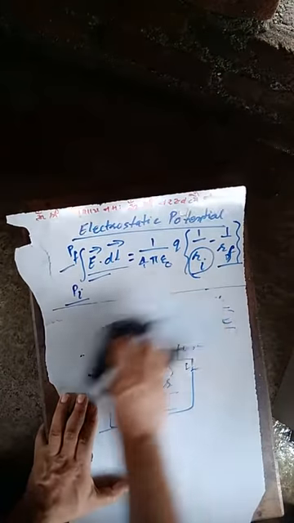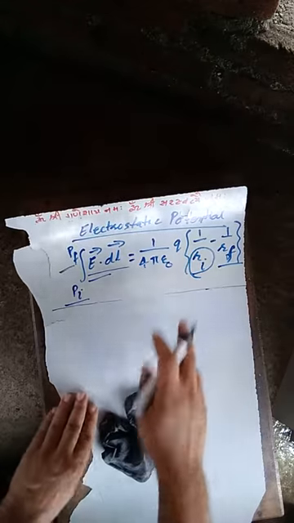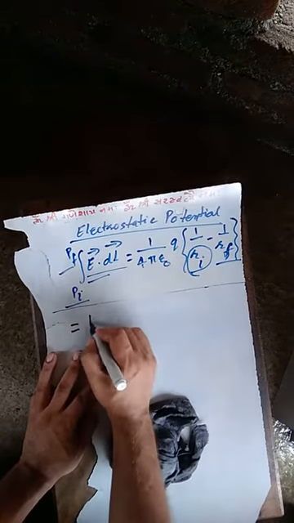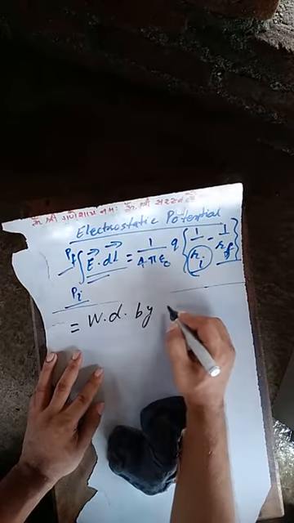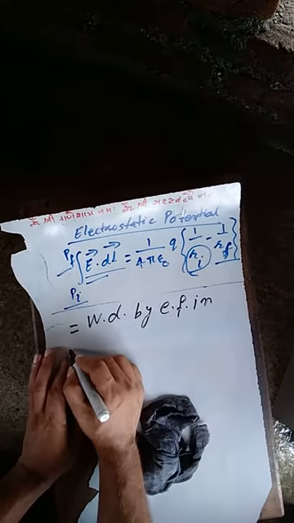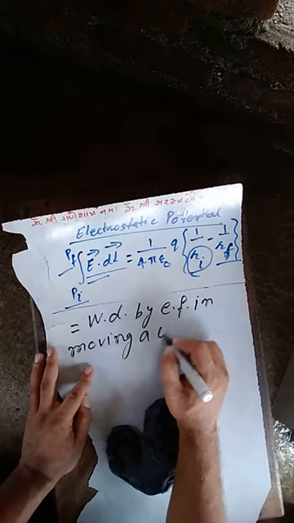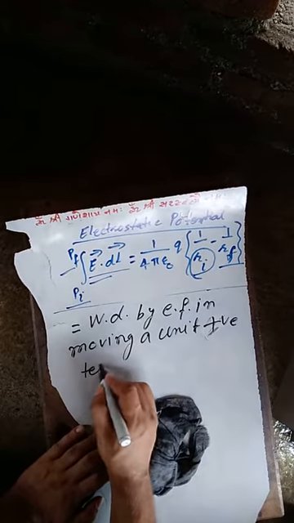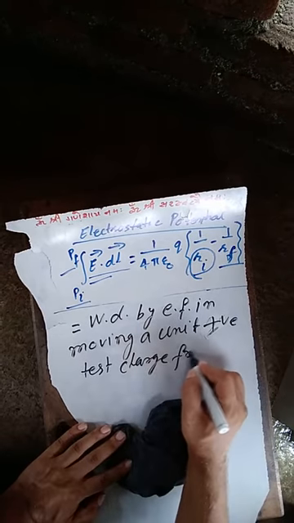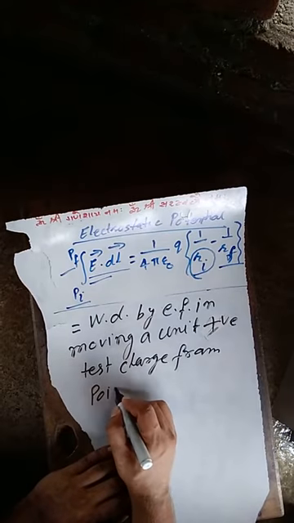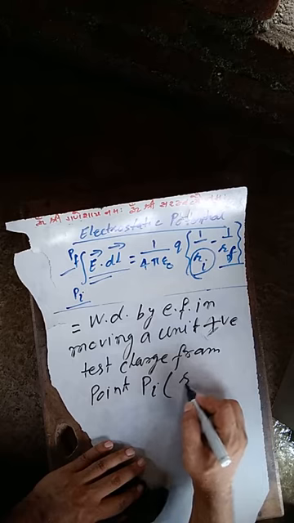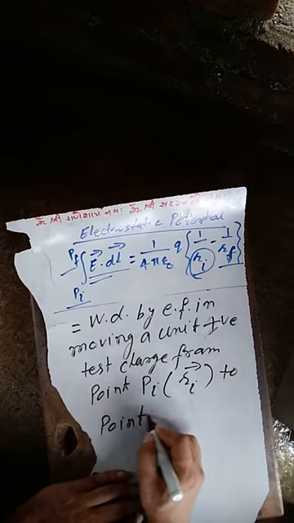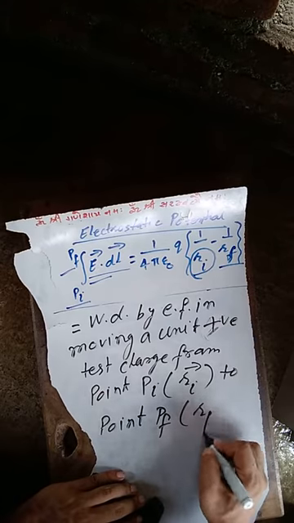So here we can write that this is actually equal to work done by electric field in moving a unit positive test charge from point Pi, whose position vector is Ri, to point Pf, the final position, whose position vector is Rf.